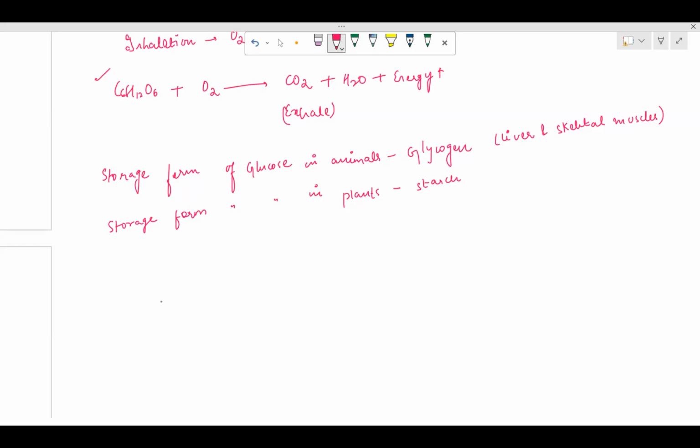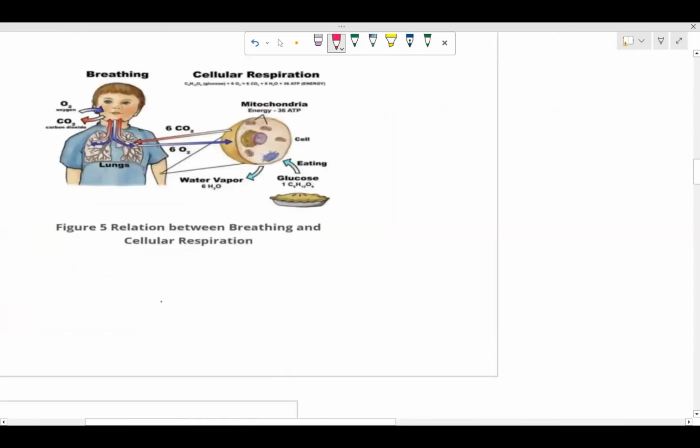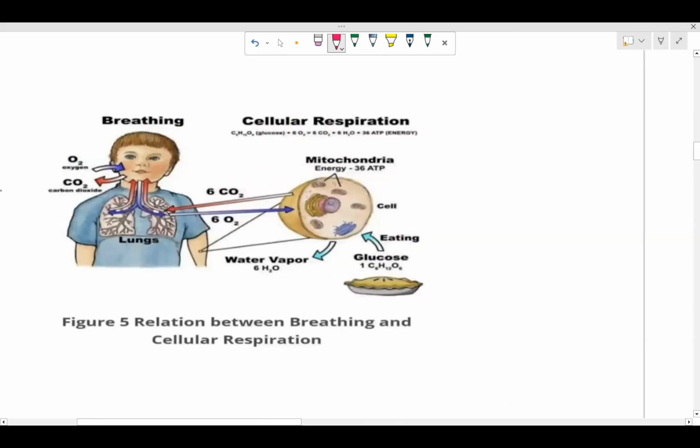Okay. So if you see from this diagram, breathing and cellular respiration both are different processes. As I told you yesterday, respiration is known as cellular respiration because it is taking place inside the cell.